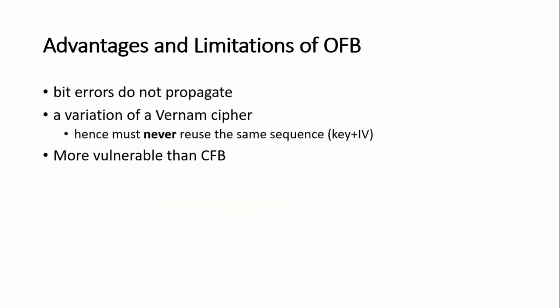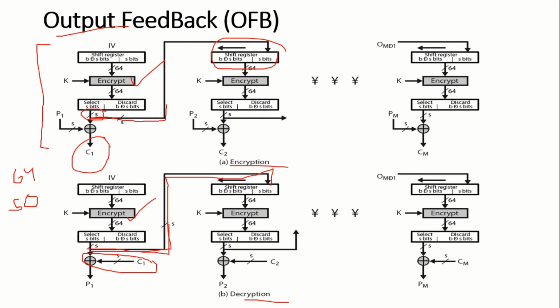Fine. Now these are the advantages and limitations of OFB. In this, bit errors do not propagate, which was the problem with CFB. Why? Because in that we were using this cipher block for the next stage, right? So if any bit error comes in here, that will propagate to a number of levels.